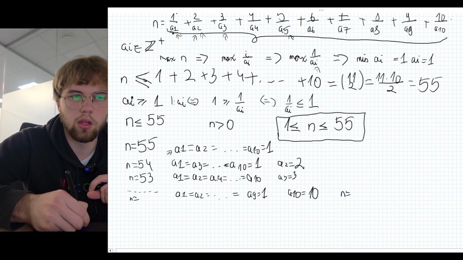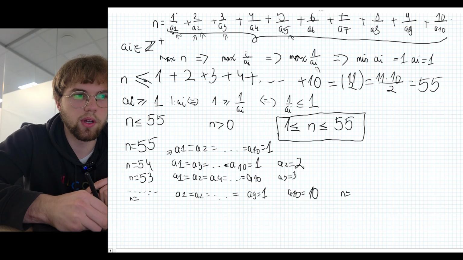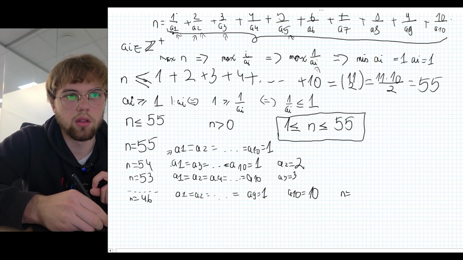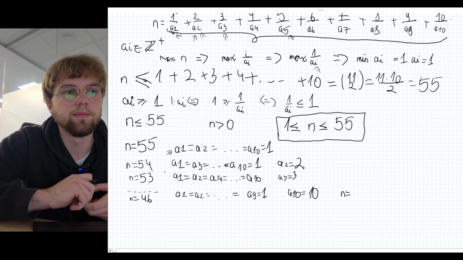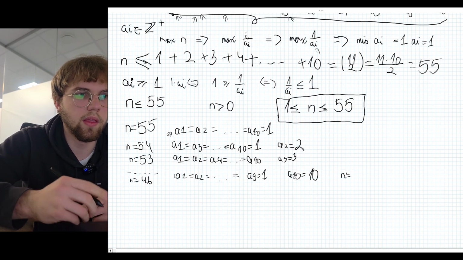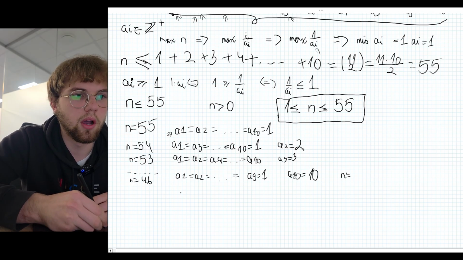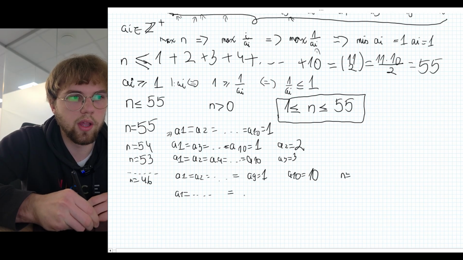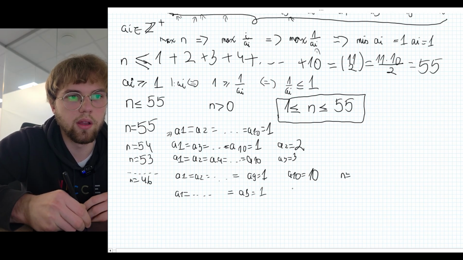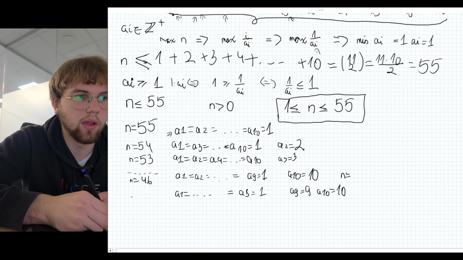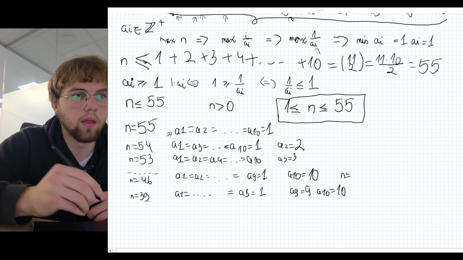So we'll get n equals 46, I think, right? Yeah, that seems to be correct. And then we basically continue this process until we get a1 up to a8 equals 1 and a9 equals 9, a10 equals 10, and we will have n equals 39.